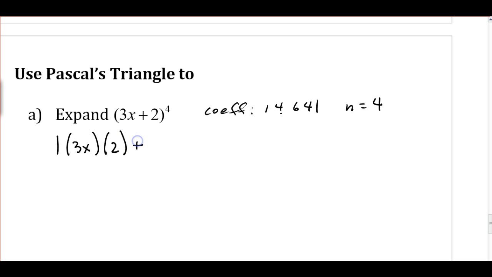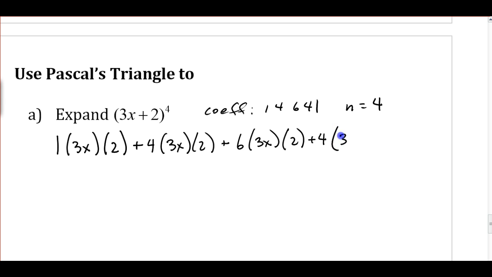My next coefficient is a 4, so I have 4, and then I'm going to have 3x raised to something and 2 raised to something. And then 6, again I'll have a 3x, we'll fill in the exponents in just a minute. And then 4, and there's a 3x, there's a 2, and then a 1. So I have 1, 4, 6, 4, 1. And then 3x and 2.